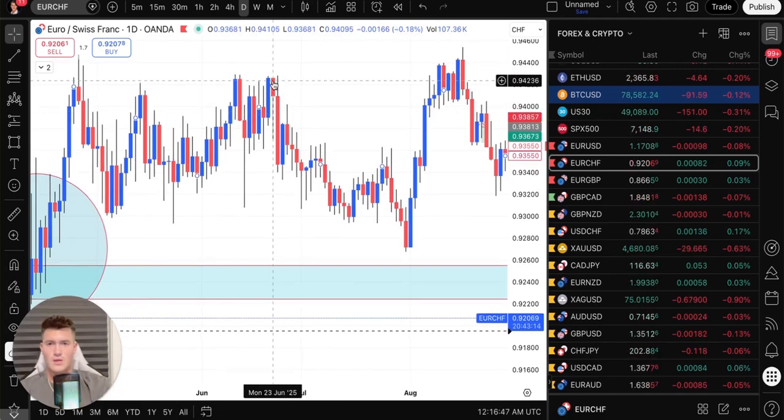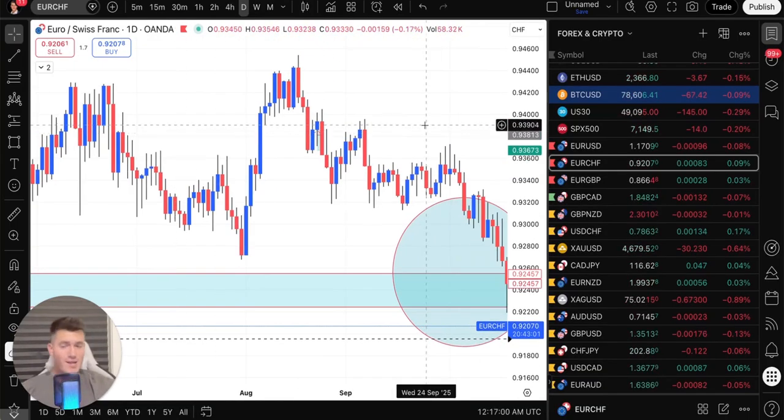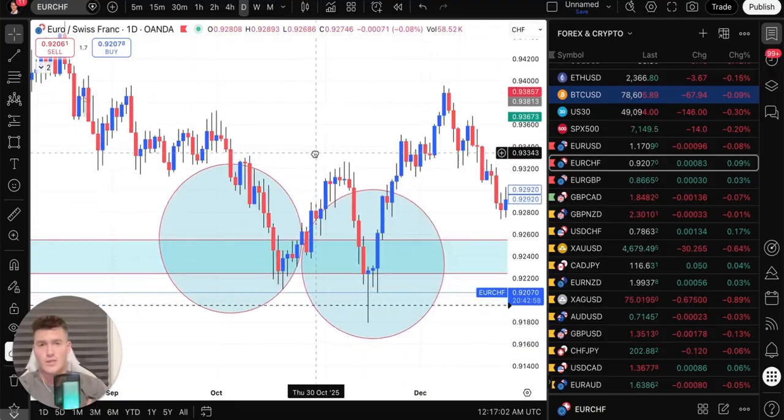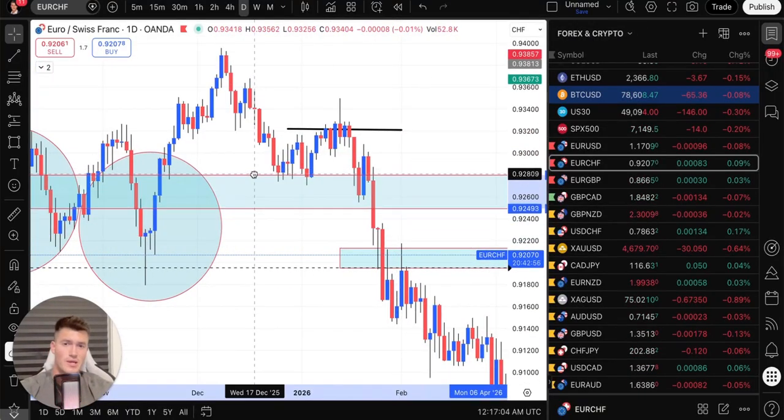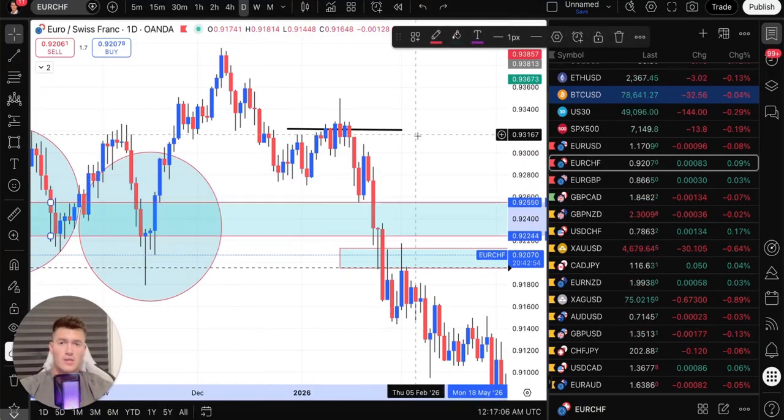Here we go. So the last time we did not have a wick to the upside was June 23rd. So it's been, what, 10 months? So 9 times out of 10, you're going to have a wick to the up and to the downside of each candlestick on the daily and the weekly, typically.